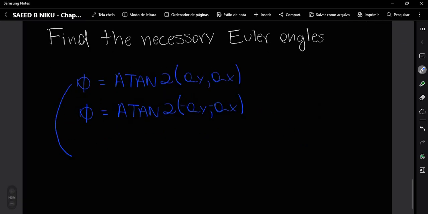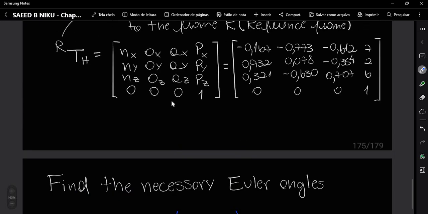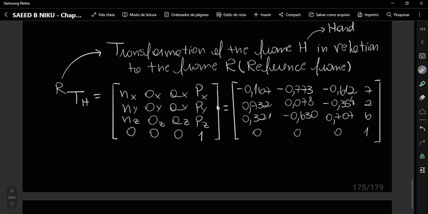So we got right here, let's see, is A10, so it is the arctangent. We will extract the angle of this component, so AY and AX. Like I was saying, for each element on the left side of the equation, we got a corresponding element on the right side of the equation on the matrix.